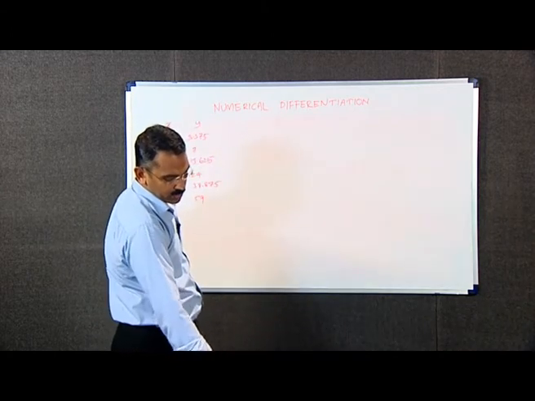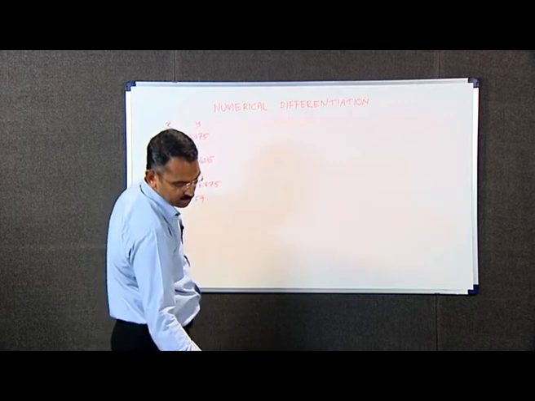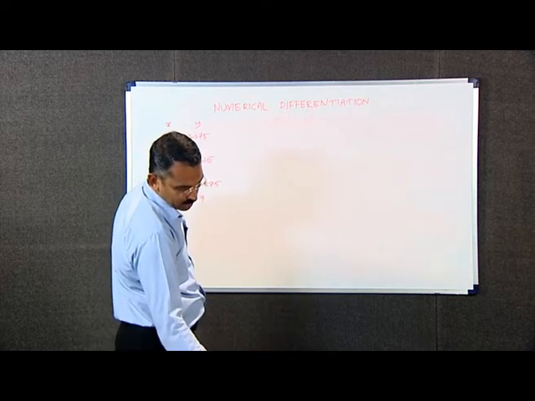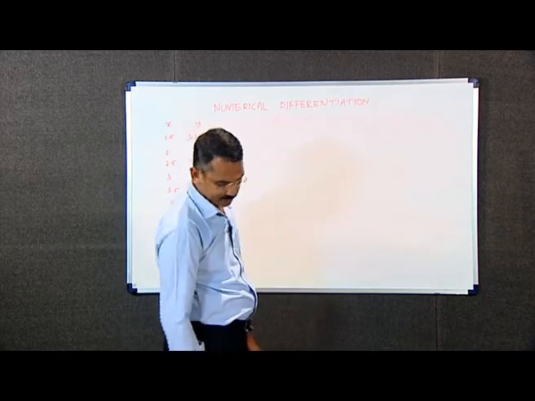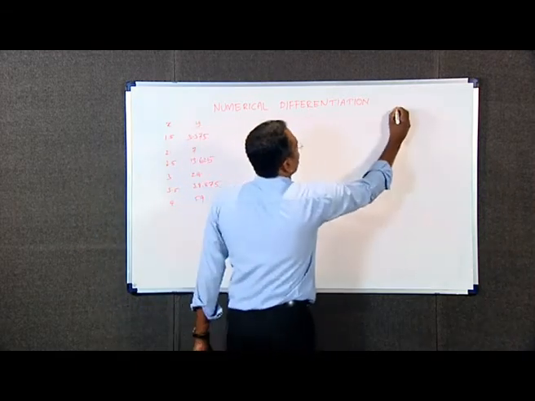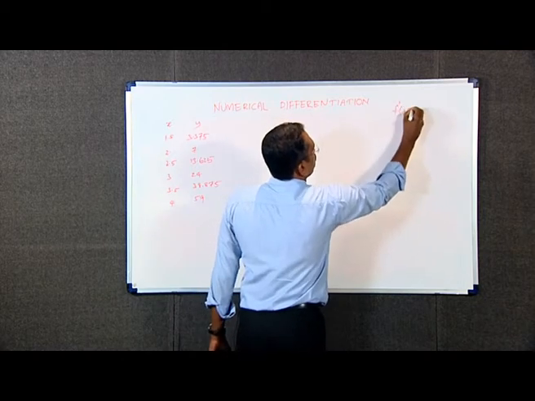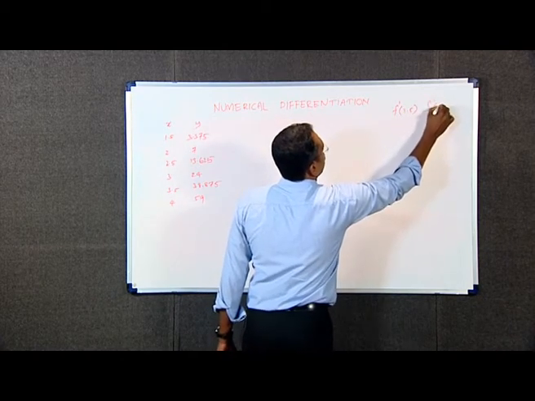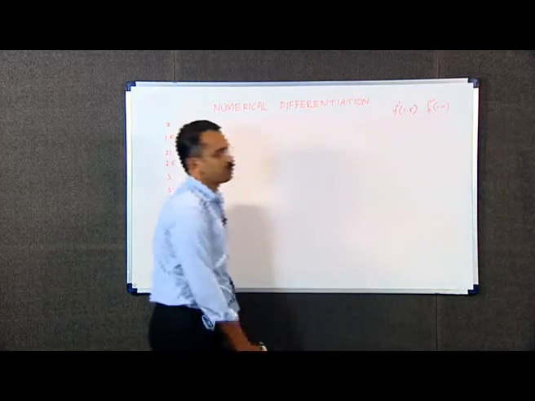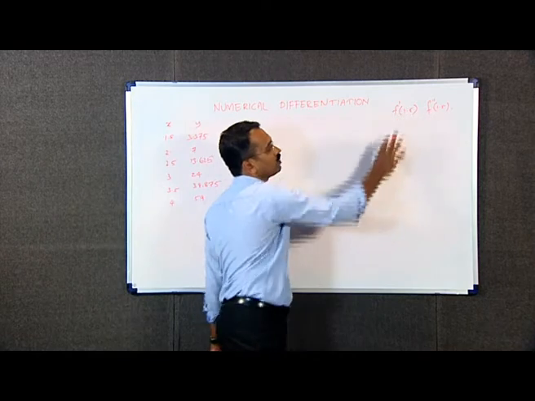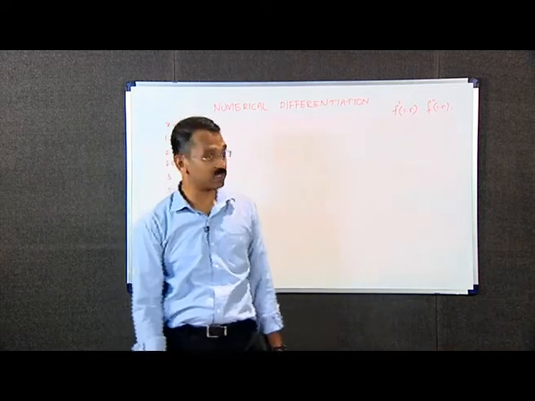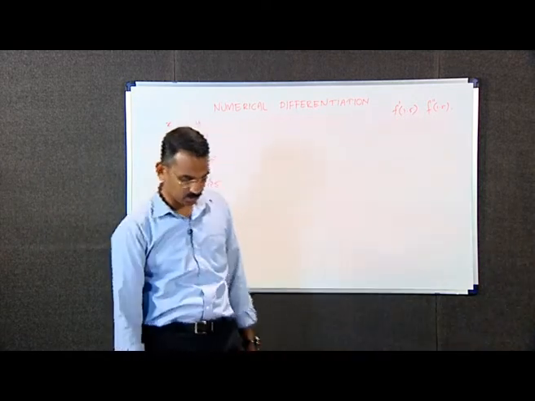We have to evaluate f dash of x and f double dash of x at x equal to 1.5, that is, the first derivative and second derivative at 1.5.